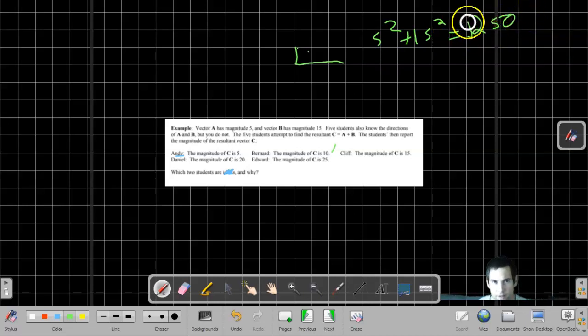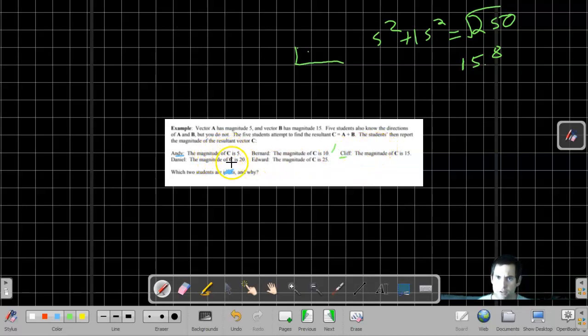And then take the square root of that, and that's going to be something like 15.8, 15.9. That's close. Cliff, it seems like you're probably a little bit wrong there. I don't think we can add 5 and 15 to get 15. We can add something to get a little bit close to 15, but not quite 15.